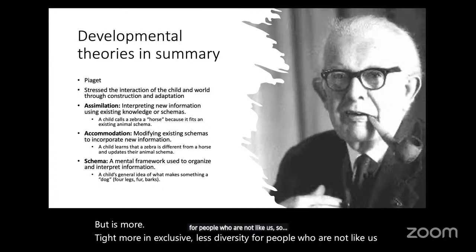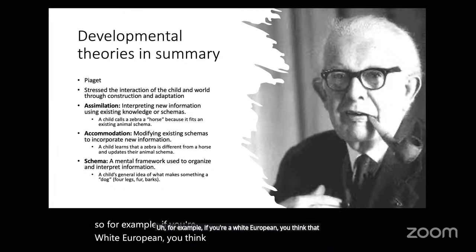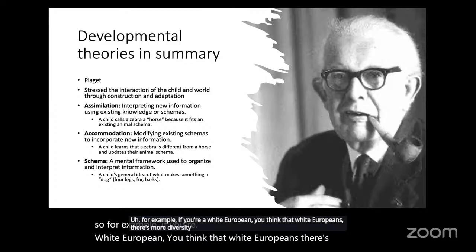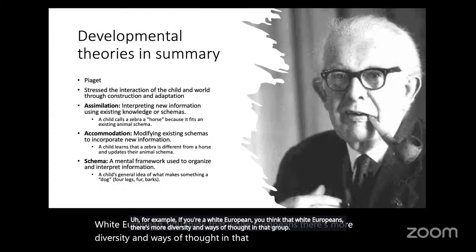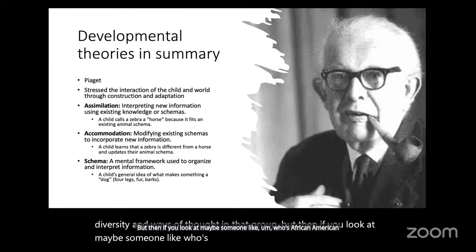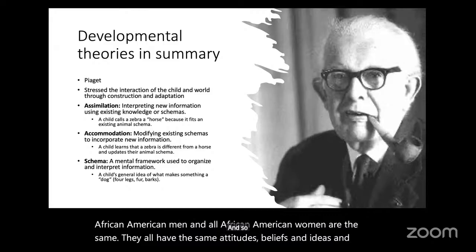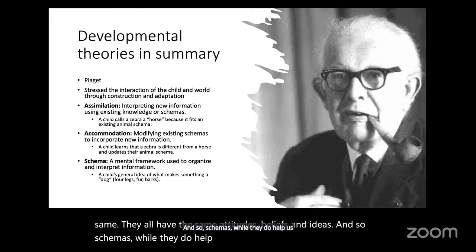So, for example, if you're a white European, you think that among white Europeans there's more diversity and ways of thought in that group. But then if you look at someone who's African American, you assume that all African American men and all African American women are the same. They all have the same attitudes, beliefs, and ideas. And so schemas, while they do help us generally, can lead to biases in our thoughts.